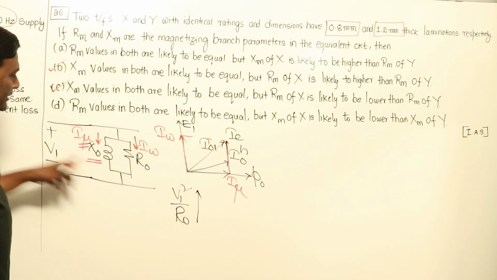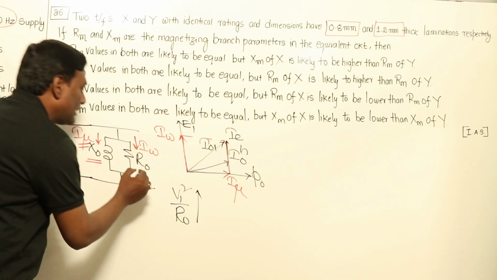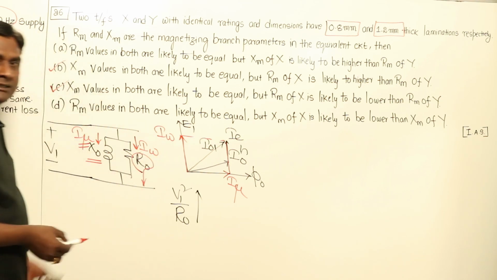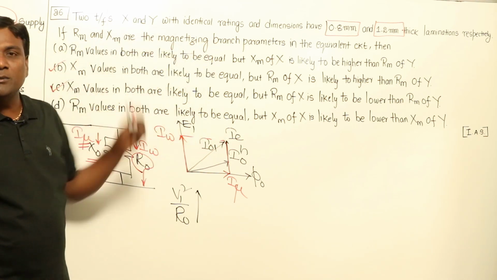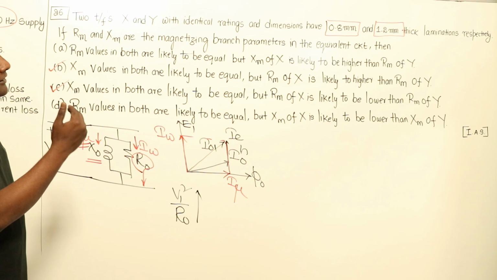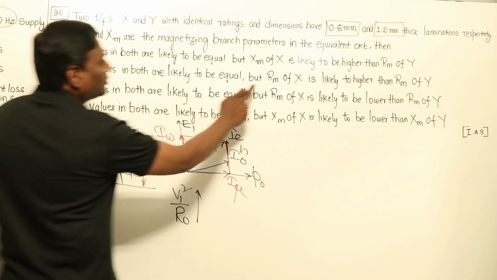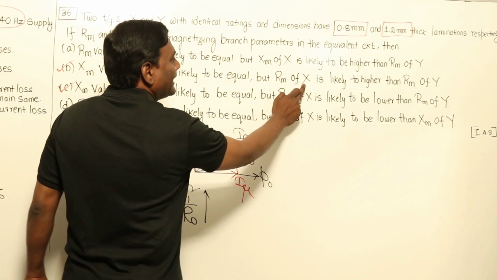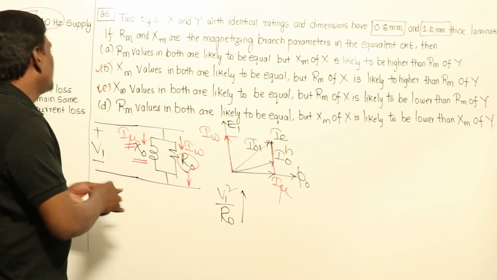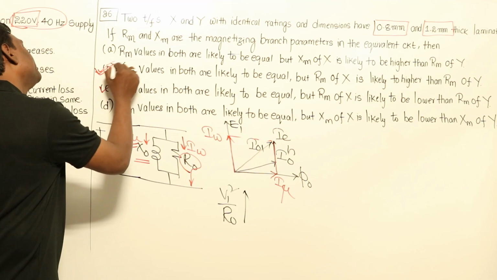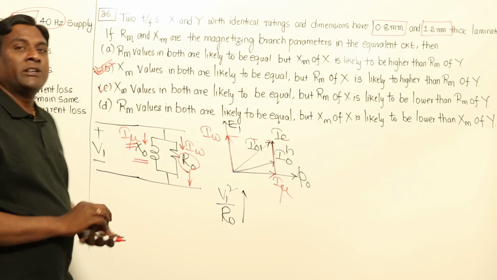For a given voltage, this should increase, which means R naught should reduce. R naught at 1.2 mm thickness lamination should be less, and R naught at 0.8 mm thickness lamination should be more. So between these two, Rm of X is likely to be higher than Rm of Y, so the answer should be B. Okay, this is actually a very beautiful question.